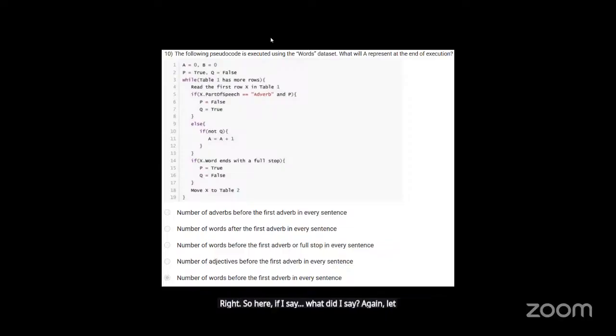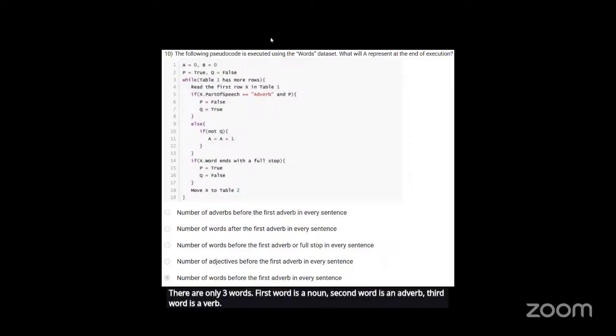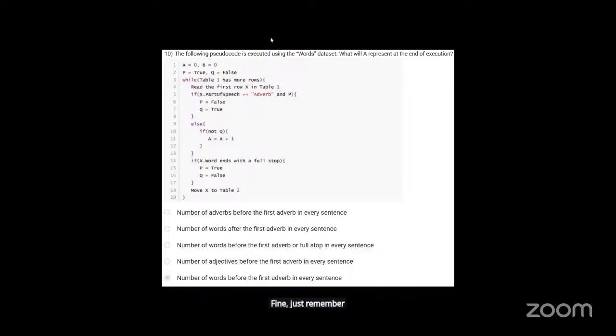Let me start again from the beginning. I am taking one example of a sentence where there are only 3 words. Consider this as the first sentence. The first word is a noun, second word is an adverb, third word is a verb. Just remember this. Now, first iteration, the first word is a noun.